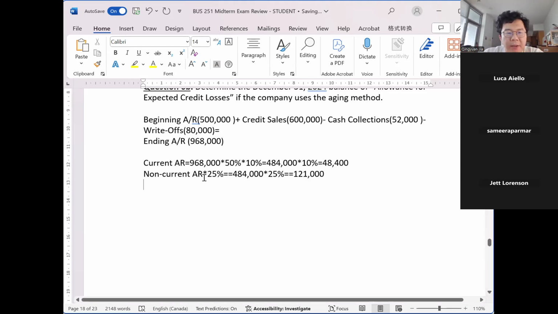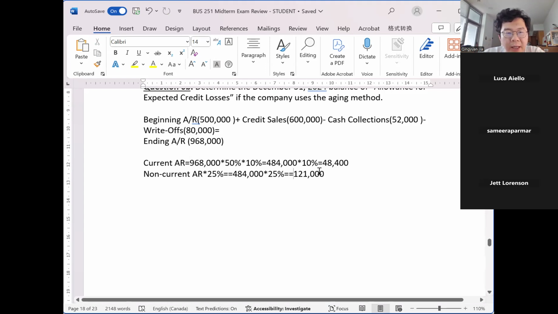So this is the aging method, right? So current account receivable, non-current account receivable, account receivable. This is how we calculate the current account receivable, and 10% of the current receivable is due at the year end, and 25% is due at the year end for non-current account receivable.